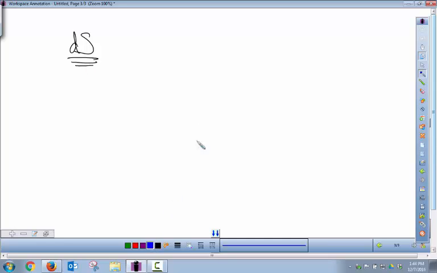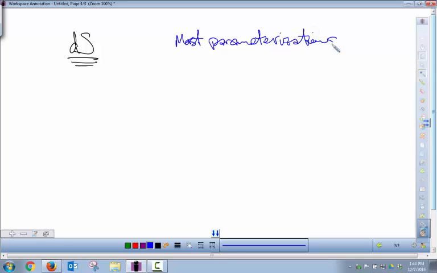I don't know if you've noticed, but most of the parameterizations we use is called the graph parameterization.